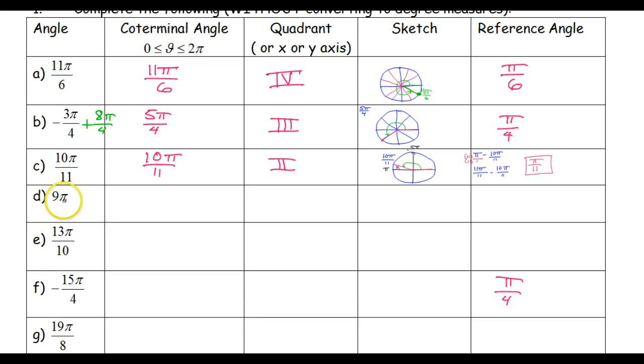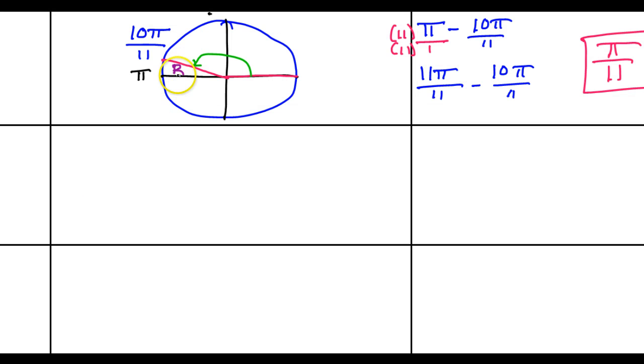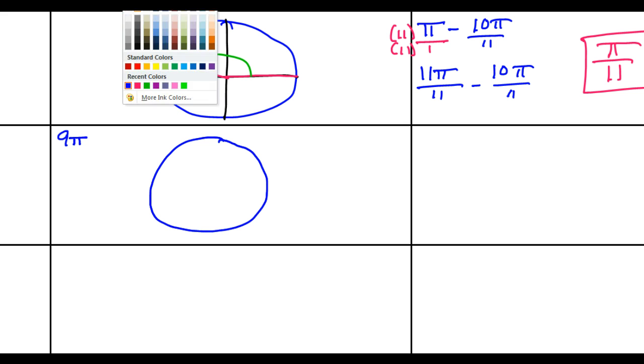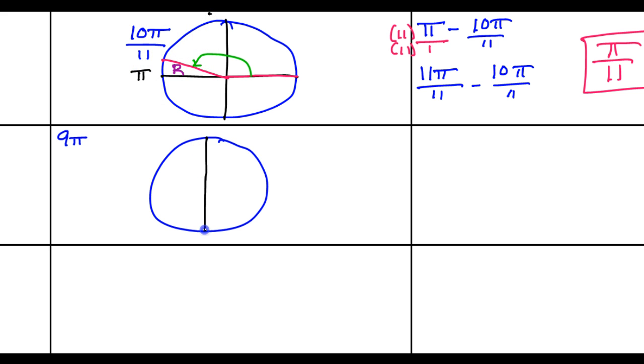Well, let's look at D. 9 pi. That's a nice multiple of pi. Drawing the sketch will help us figure out what's going on. So 9 pi is about to happen. So here's my unit circle. Here's your y-axis and x-axis. Standard position. So remember that pi is a semicircle.